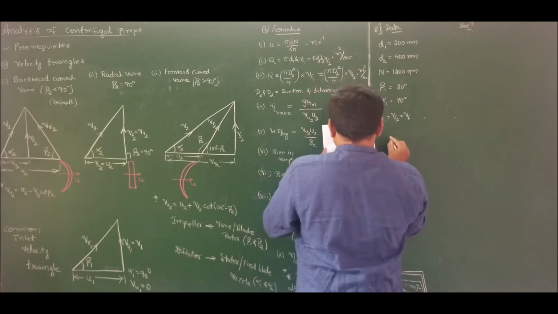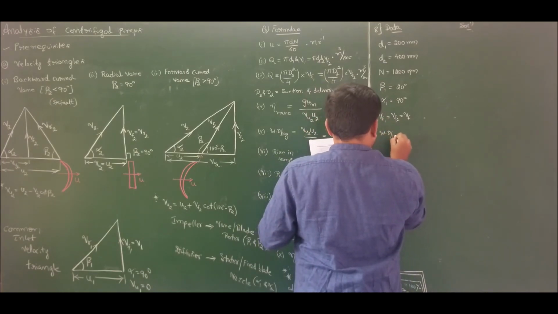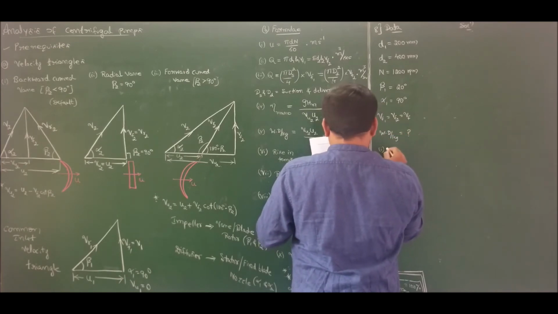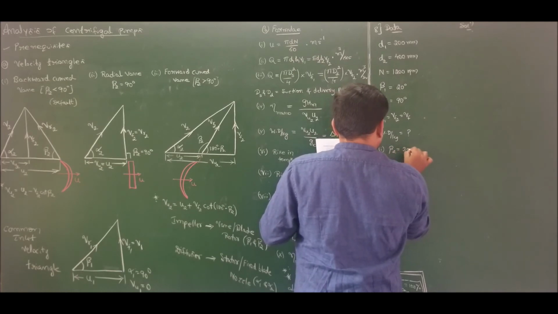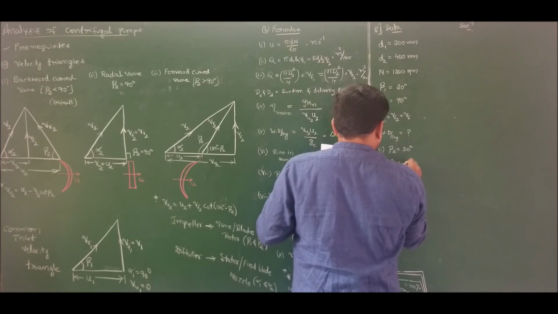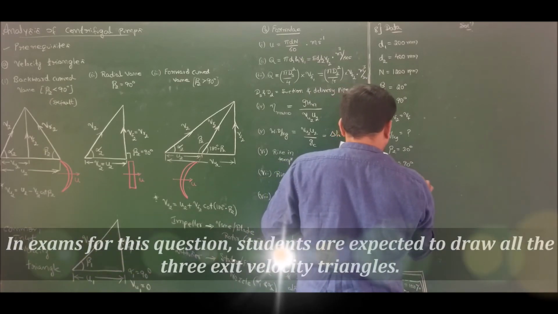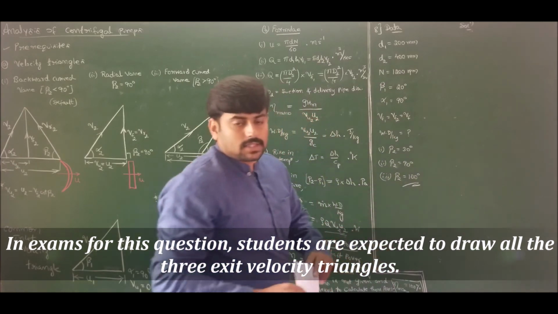Calculate work done per kg of impeller, so find out the work done per kg for beta 2 equal to 30 degrees, beta 2 equal to 90 degrees and for beta 2 equal to 100 degrees. Let us solve this problem.